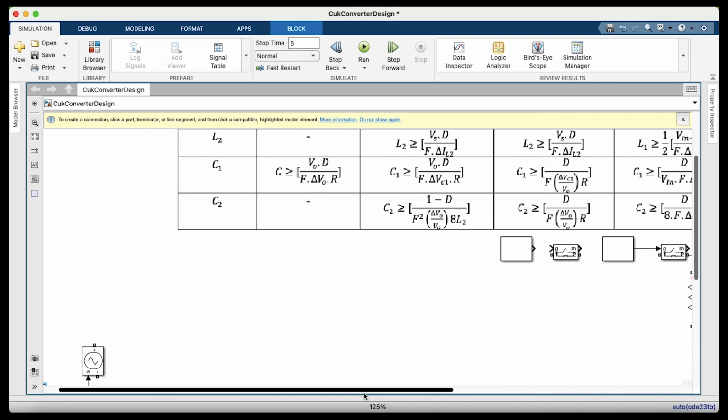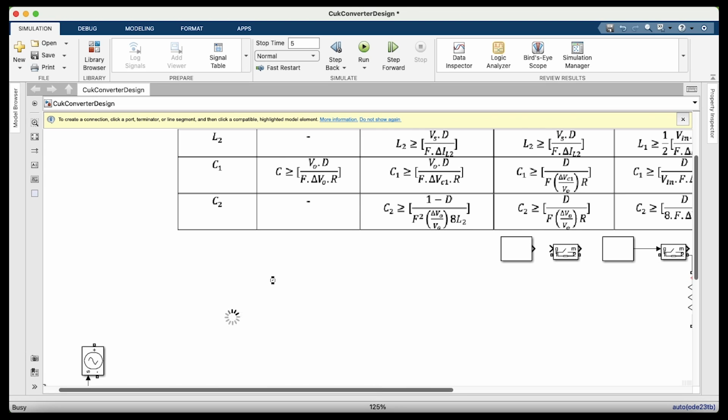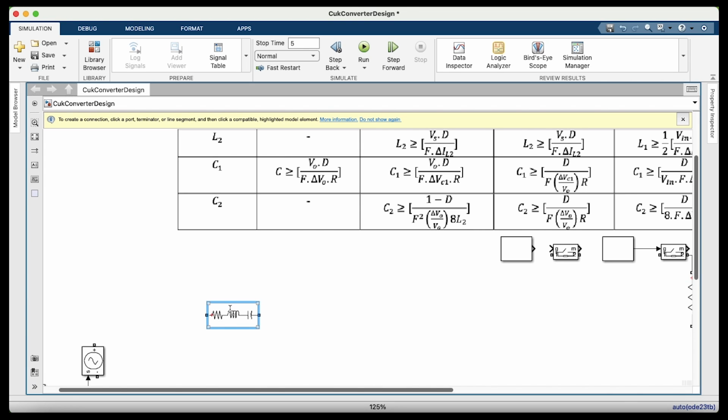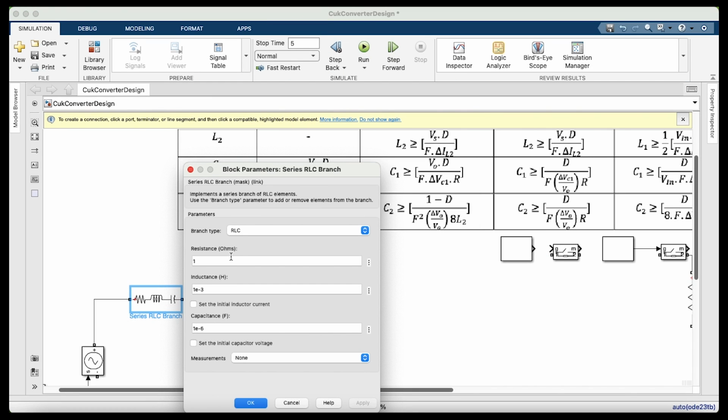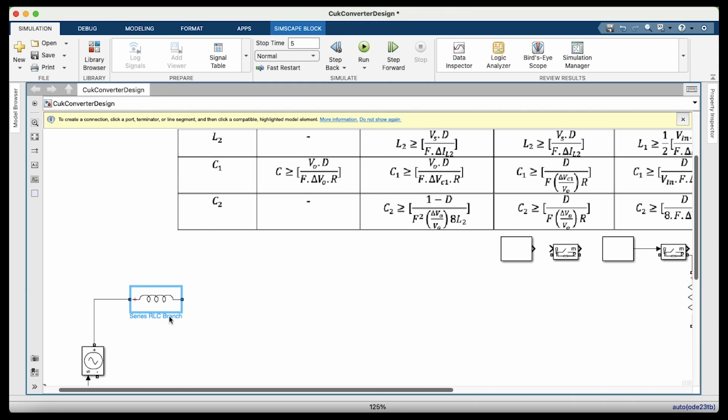Let us choose an inductance from the series RLC branch, which we take from the MATLAB library. Then set the value as L1. Choose the component as inductance L, and just mention L1 here. It refers to the value directly from our base workspace. Then apply. Similarly choose the other components.